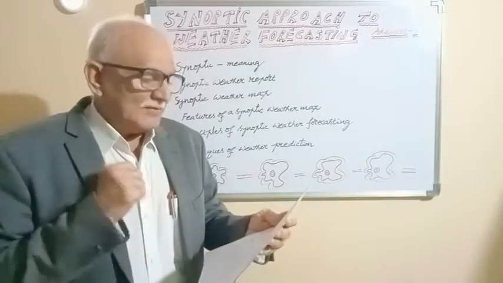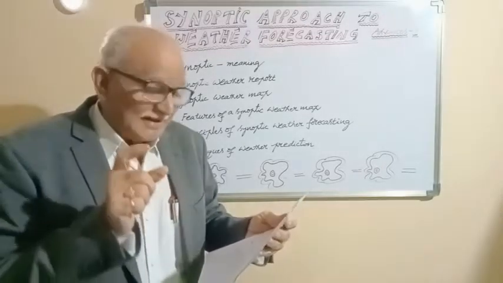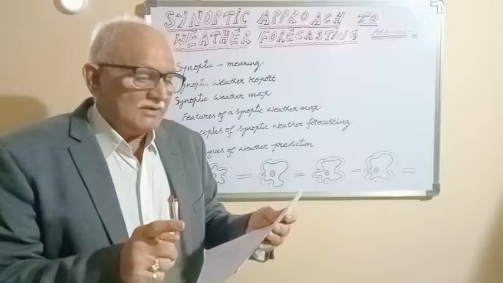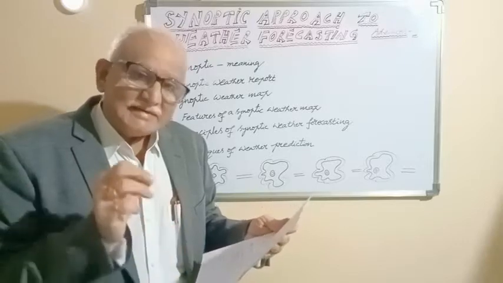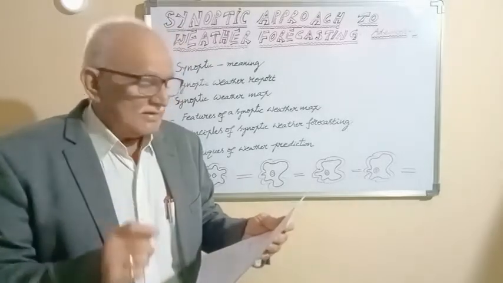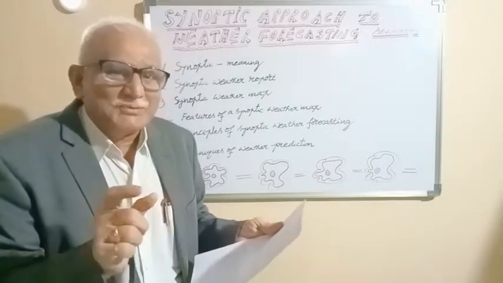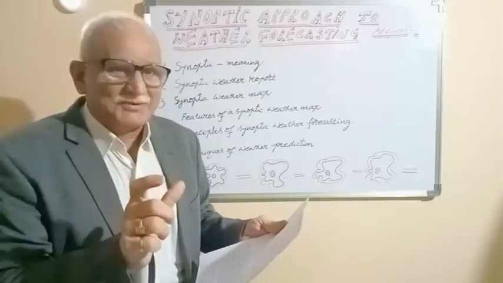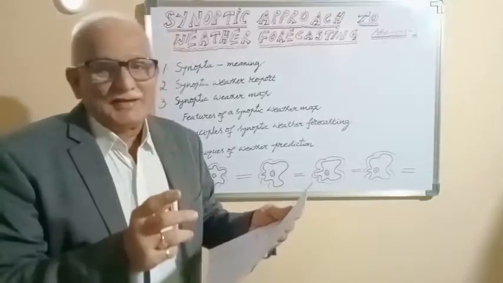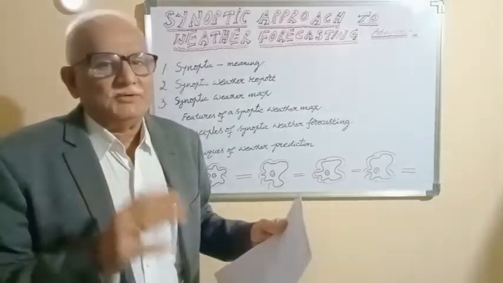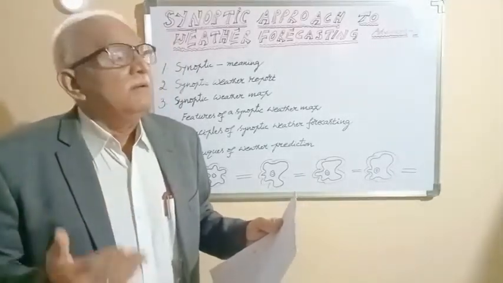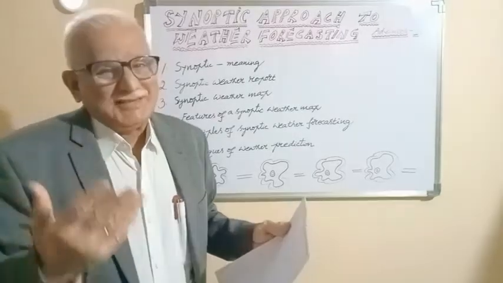The state of atmosphere over an area is known at any instant of time through a set of observed meteorological variables like rainfall, temperature, humidity, pressure, wind, sometimes very big systems and everything.